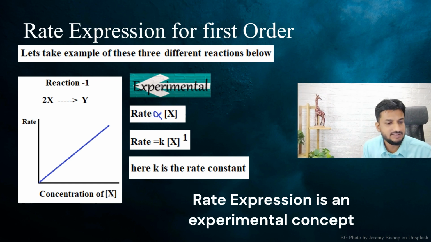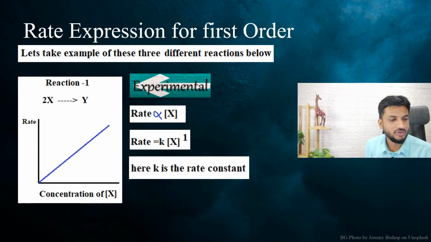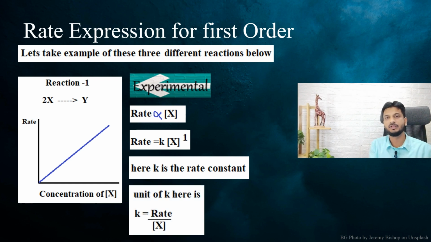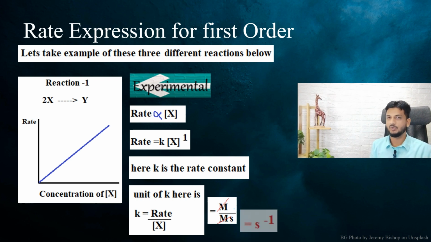Now very quickly, let's understand how we find the units. To calculate the units of K, we just bring X to the power 1 down, and we get K equals rate over concentration of X. The unit of rate, which we already discussed in the first video, part 1, is molarity per second, and concentration is molarity, capital M. So molarity per second over molarity, we get second inverse.